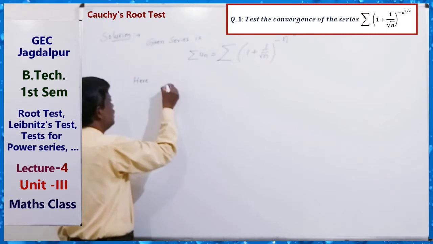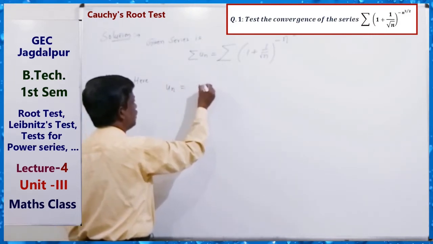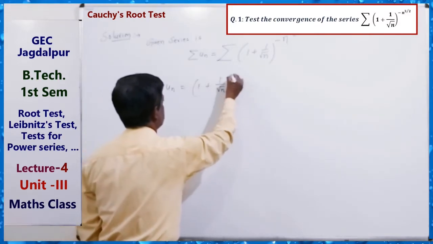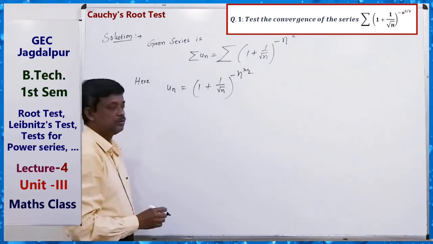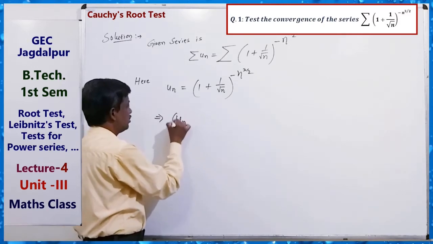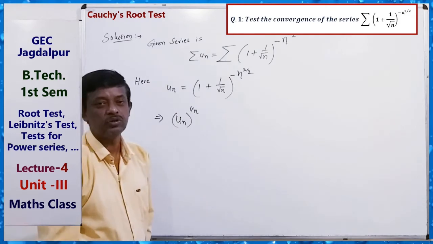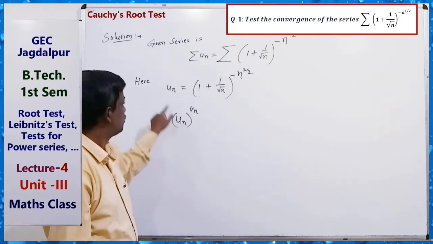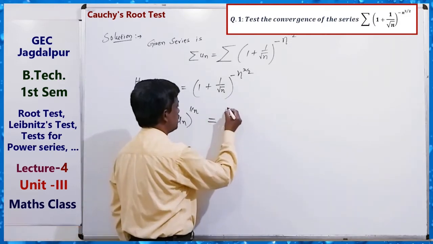Here un equals 1 plus 1 upon root n, to the power minus n to the power 3 by 2. This implies un to the power 1 by n, because for the root test we just have to find the nth root. Take the nth root of both sides.